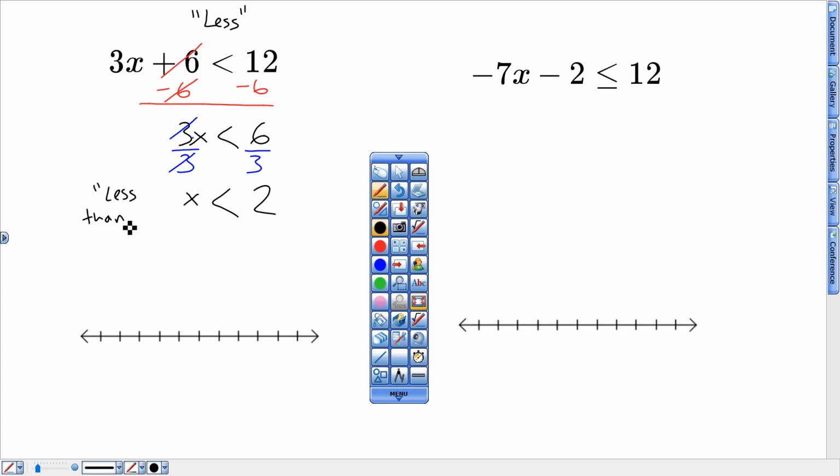That's to the left of 2. So on your number line, put that number right here, 2, 3, 4, 5. To the left, 1, 0, -1, -2, -3. That's going to be an open circle.